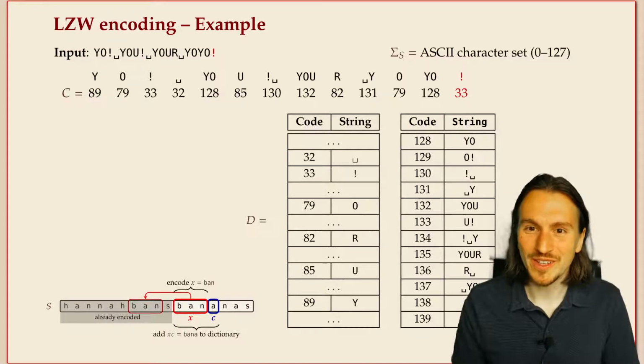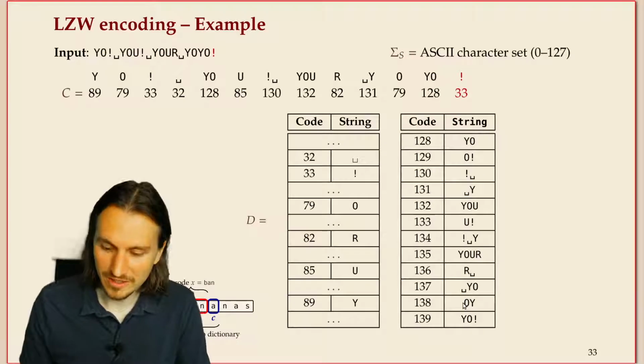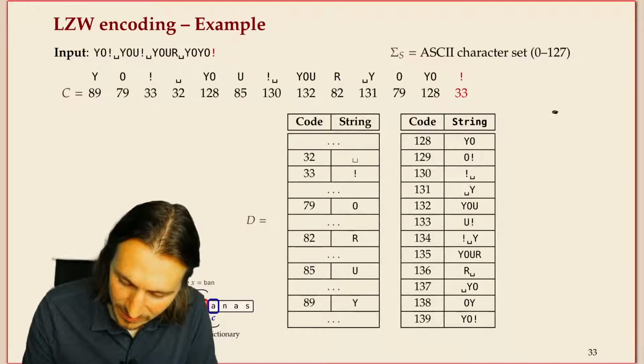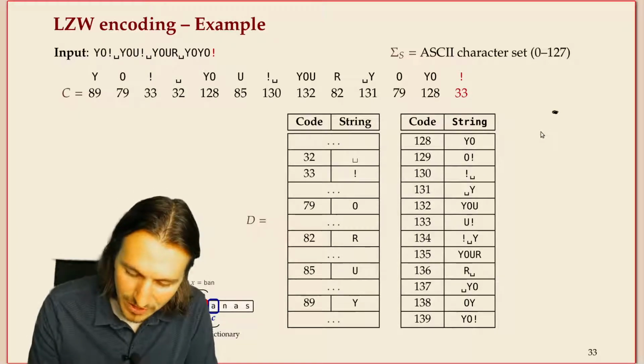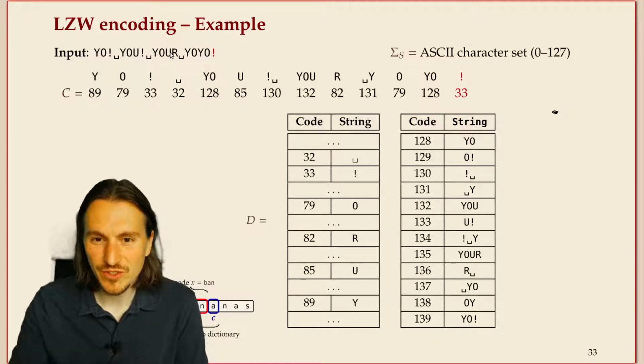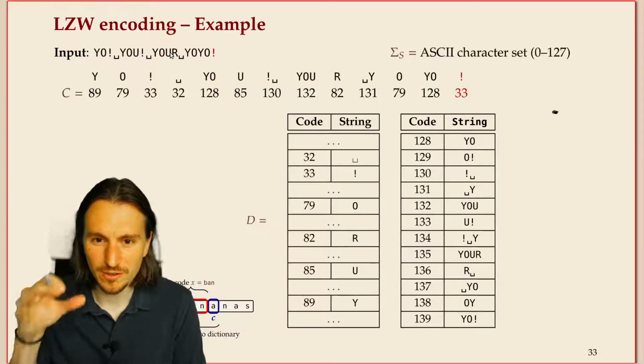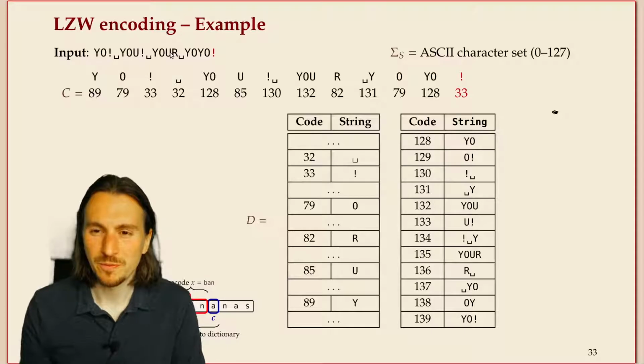So for encoding, we definitely want to represent the dictionary as a trie, because then you can start at the root and traverse down from the current position in the text onwards and see how far you can get. And as soon as there's no more outgoing arc with the right character, you know you're at the longest match.